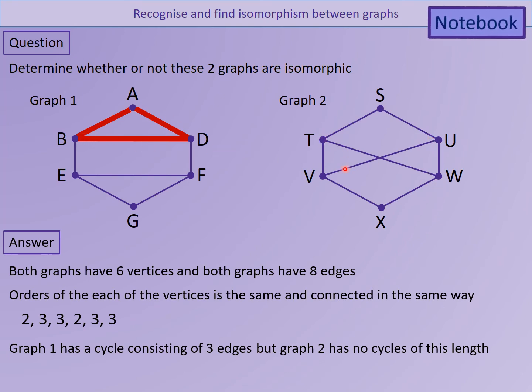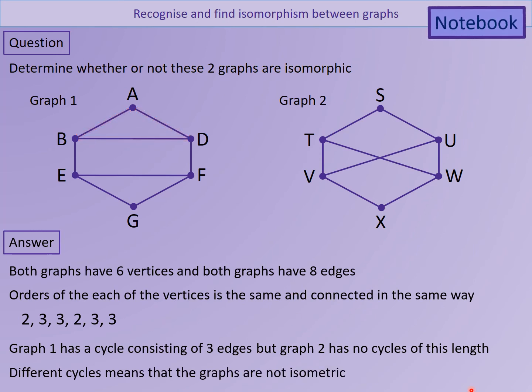So therefore, although everything was looking hunky-dory to start with, everything looked like it passed, once you got down to the cycle test at the end, we've got a cycle of order 3, but there is no cycle of order 3 in the other graph, so therefore those 2 graphs are not isomorphic. It doesn't matter how hard you try to rearrange this graph, you are never going to be able to duplicate that graph.